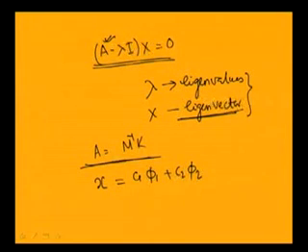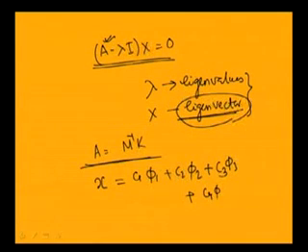The modal matrix comes from the eigenvectors. If you take only 2 modes, you take phi 1 and phi 2, and when you take multiple modes, it will be C1 phi 1 plus C2 phi 2 plus C3 phi 3 plus C4 phi 4. In this way, it depends on the number of modes you are taking.